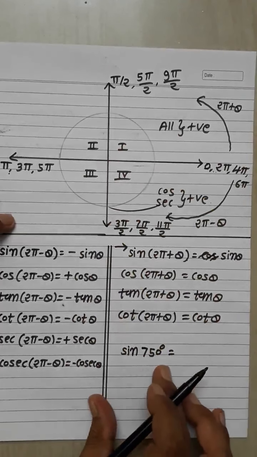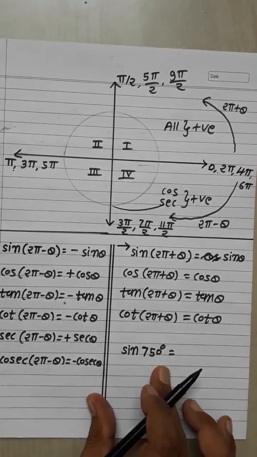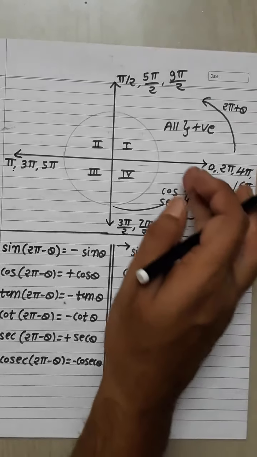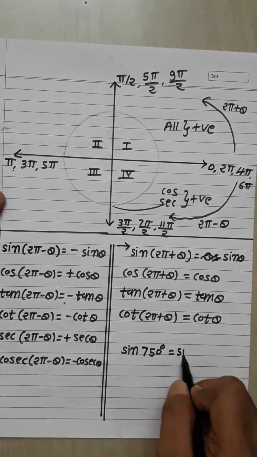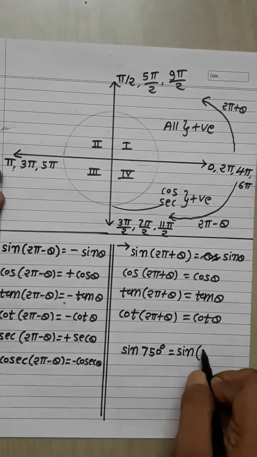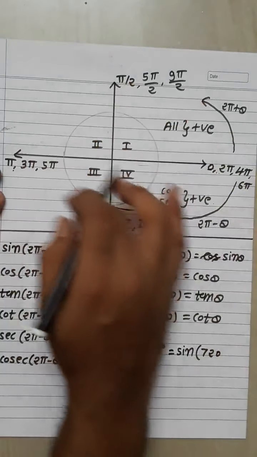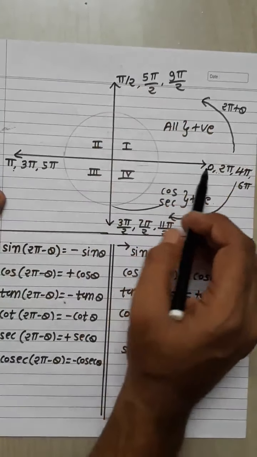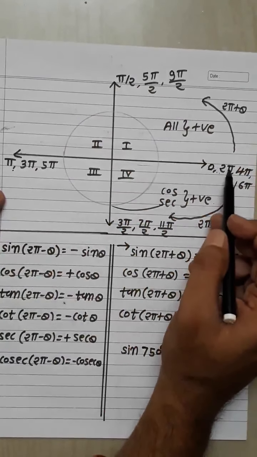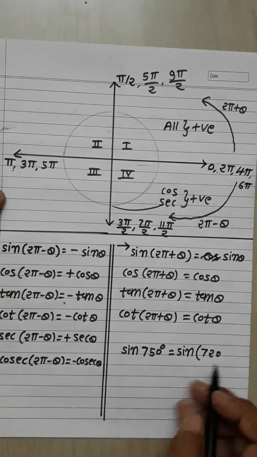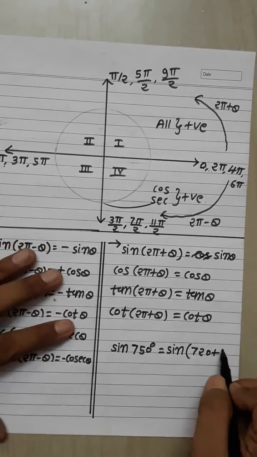Now our question is to find the value at 750 degree. So 750 degree means the circle is moving 2 times. One whole circle is 360 degree, so two times is 720 degree, and 30 remains, so we can write 720 plus 30 degree.